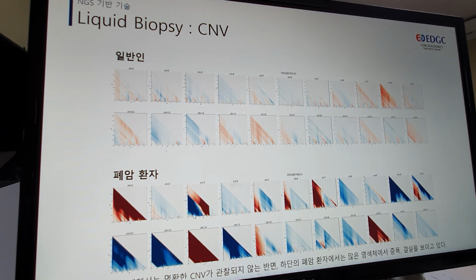So this is just 1 copy, and this part has more than 3 copies. So you can see this is a normal sample, and this is a lung cancer sample. We can easily see this lung cancer sample has so many CNVs. So by checking the ctDNA and cfDNA, you can see these kinds of things.